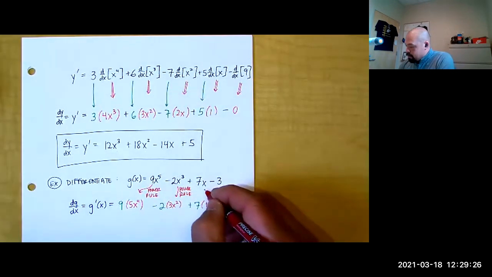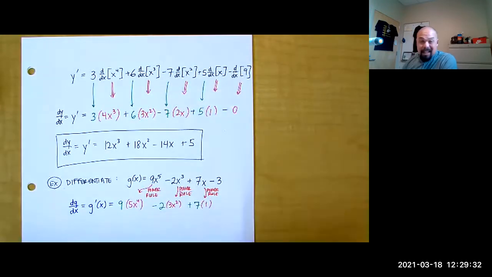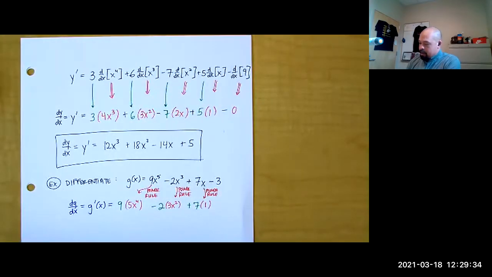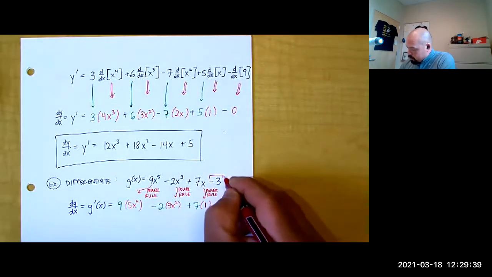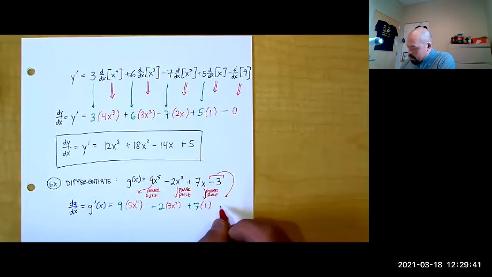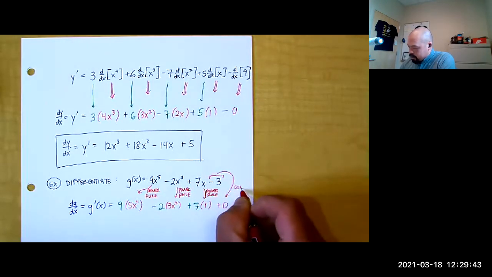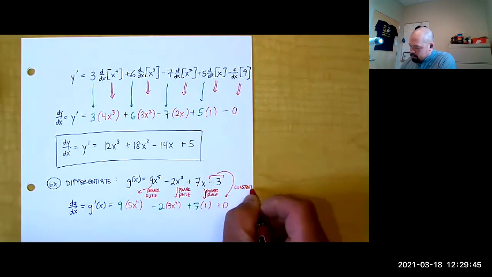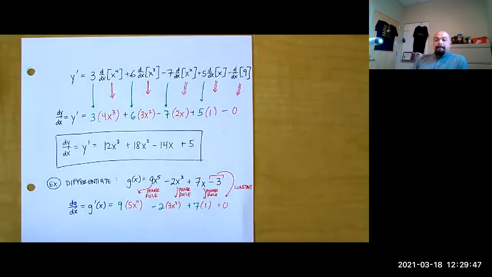And again, that's another power rule, or that linear term. But then lastly, that constant is going to be 0, or likewise later on we'll just ignore it, we'll just drop it off completely.